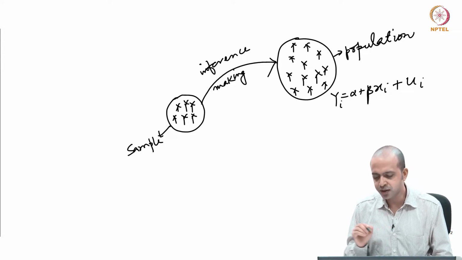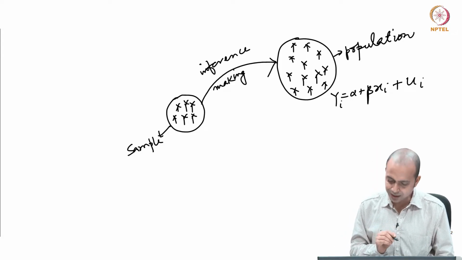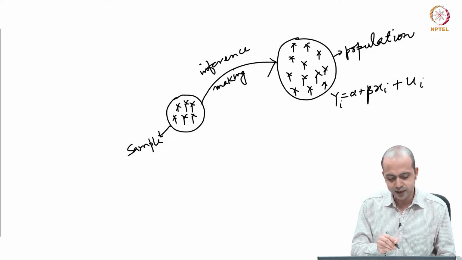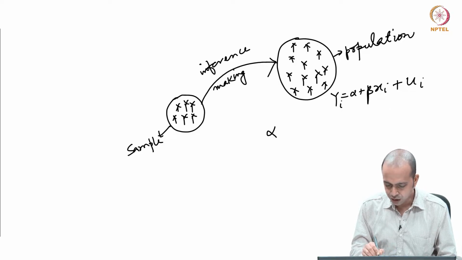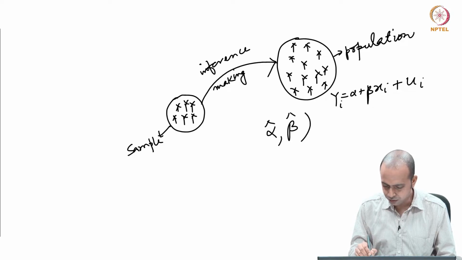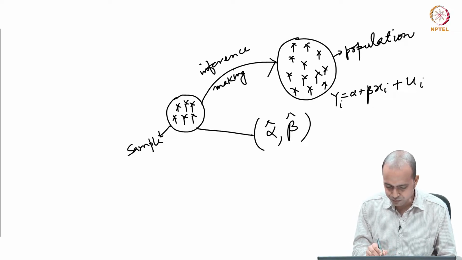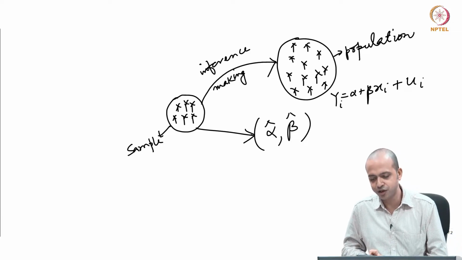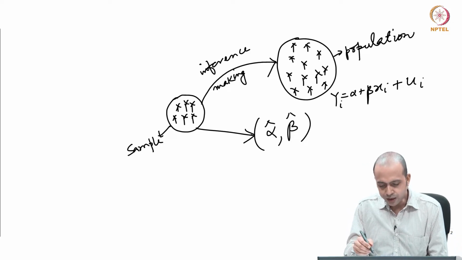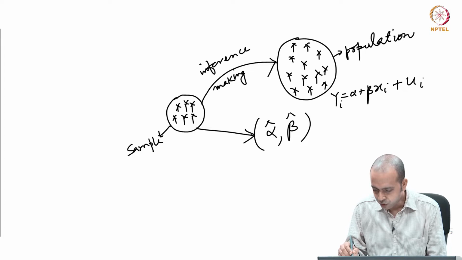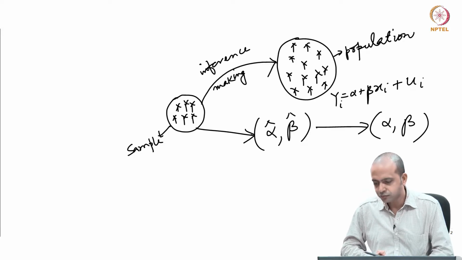So, we will specify this model, and then we will collect the sample, and from the sample we will estimate alpha hat and beta hat. Using this alpha hat and beta hat, we will try to infer something about the true population parameter.